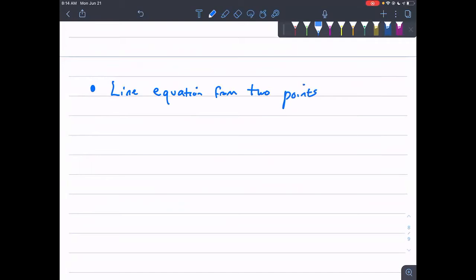Okay, line equation from 2 points. So here we're basically doing the thing that we did to start with, except they're not going to give us the slope. We have to work out what the slope is on our own.